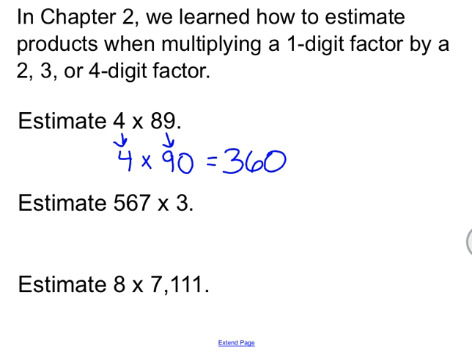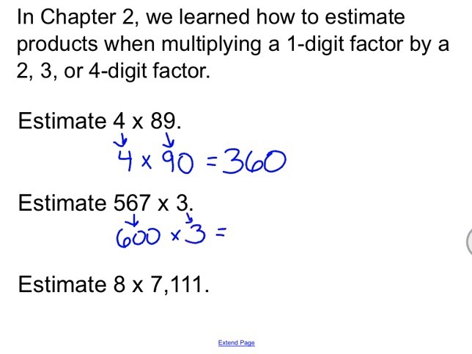Next example, estimate 567 times 3. Okay, well 567, that number goes up to the hundreds place. So I'm going to round that to the nearest hundred. So 567 rounded to the nearest hundred is 600. And the 3 stays.